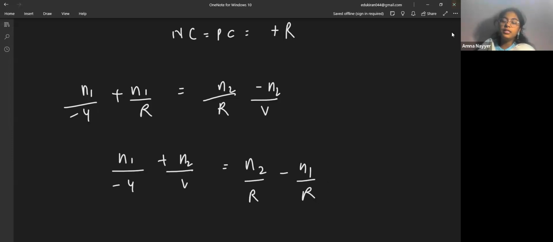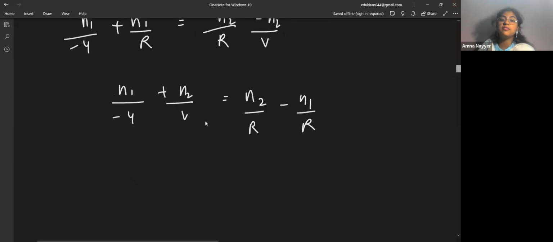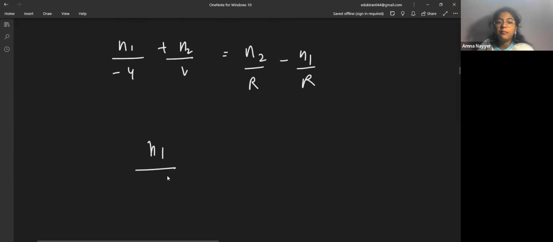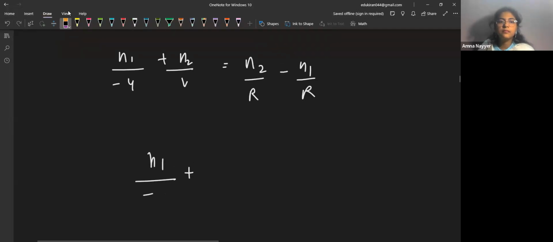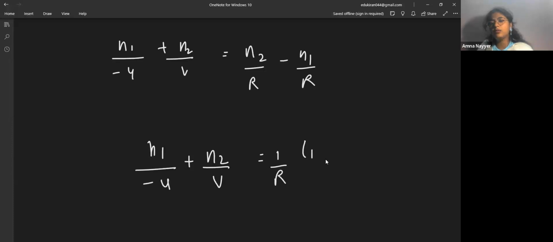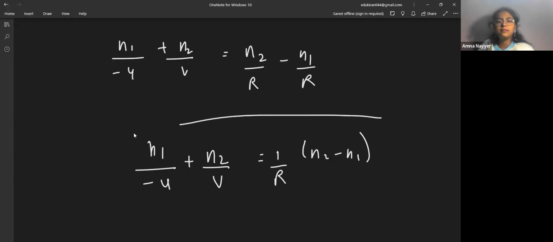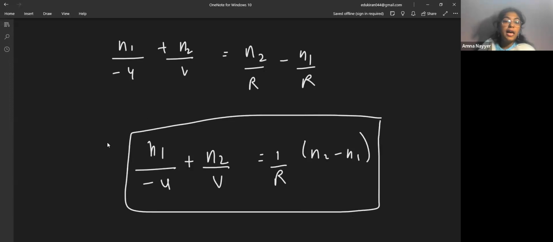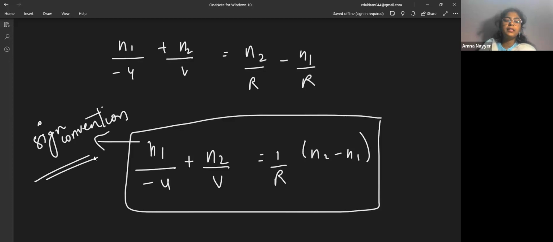Now the final equation, where you have to substitute sign convention, is N1 by minus U plus N2 by V is equal to, taking 1 by R common, N2 minus N1. And please put proper sign convention. Sign conventions are used here.